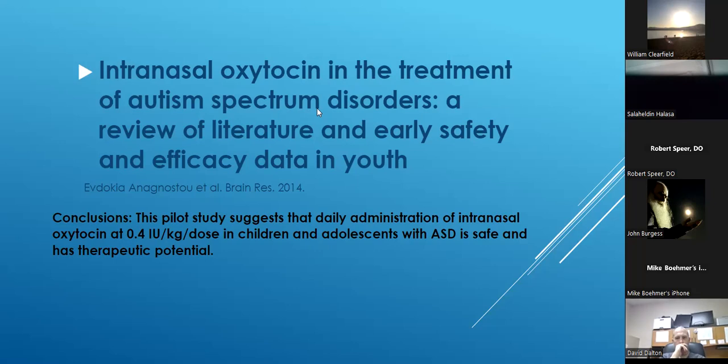For the kids, the study says 0.4 international unit per kg, but I can go with one safely for oxytocin, because we're getting only less than 5% absorbed in the brain. But according to the study, it's 0.4, but what we experience from all the doctors who are doing it right now is they can go to 1 international unit per kg.